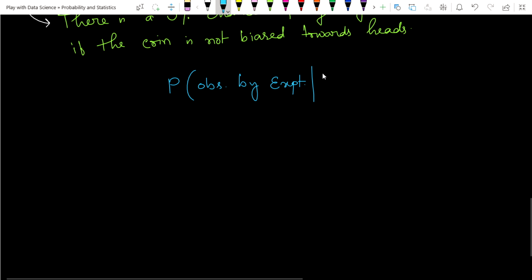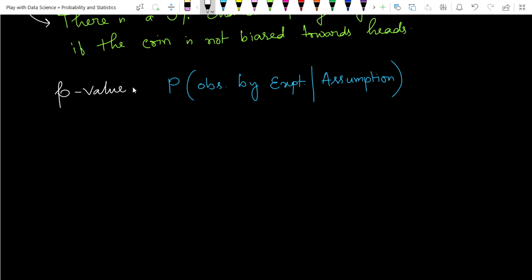This is the observation of our experiment. These things are called the p-value, and its value is approximately 3%, a very small value.